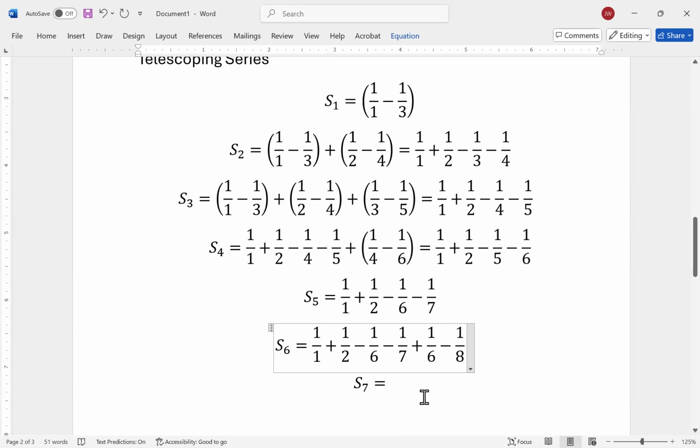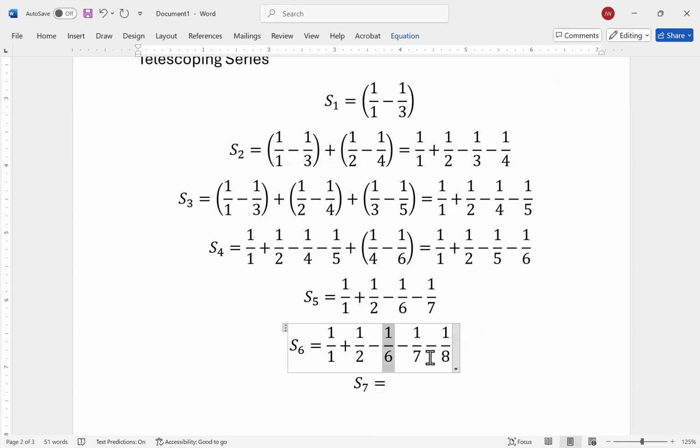And obviously the reason why it's called telescoping is because each time we're adding another term, a lot of the terms are canceling each other out. So envision some old-time sailor with a telescope and they pull it out and extend it the length and then can push it and contract it back in.